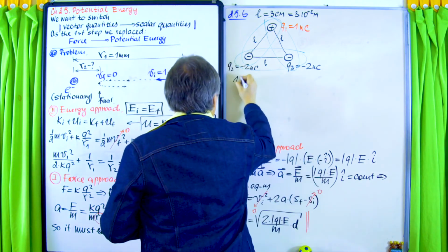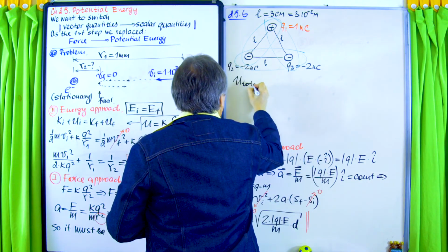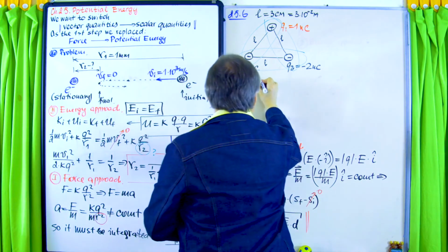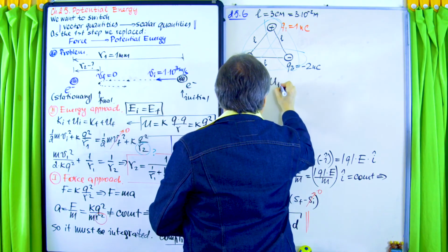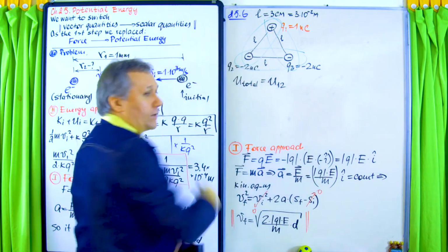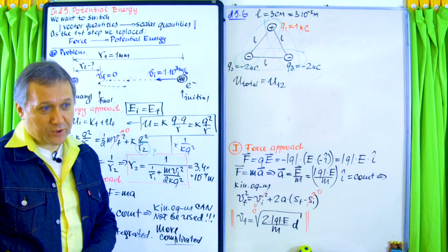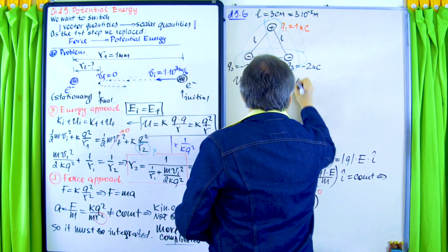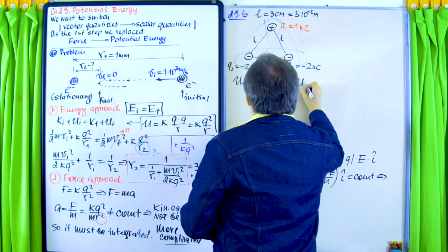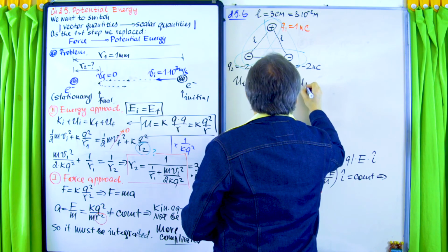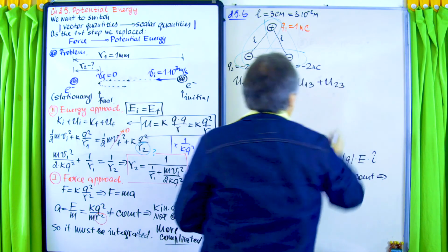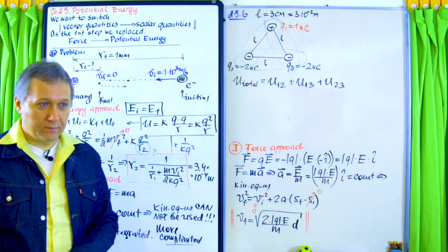So U total, the total potential energy of the system, will consist of 3 terms. U12, the first pair, potential energy created by charges Q1 and Q2. Then the potential energy created by 1 and 3. And then the potential energy created by the pair of charges 2 and 3.